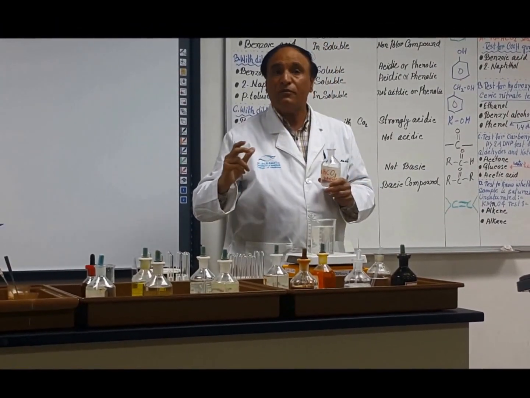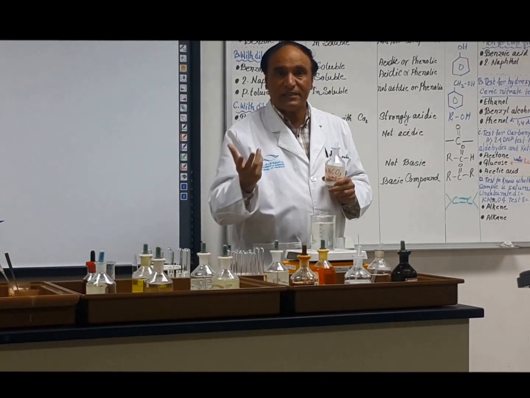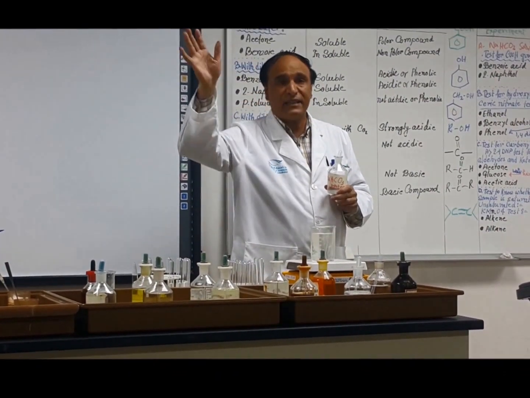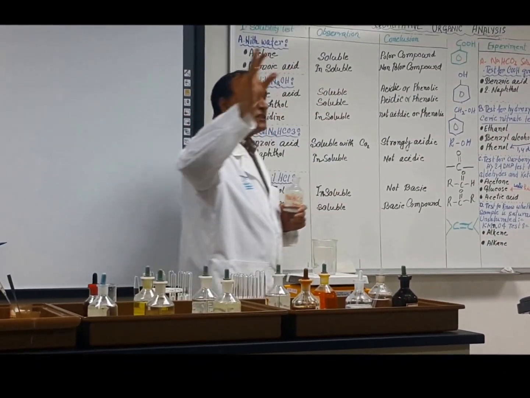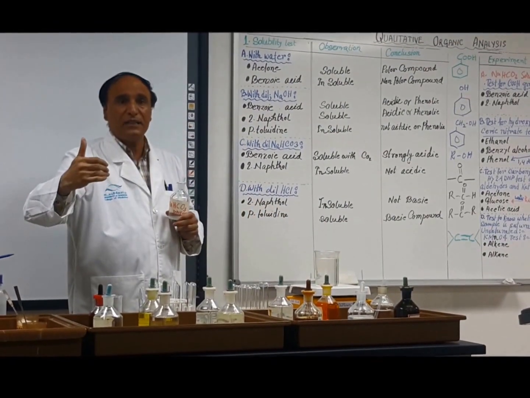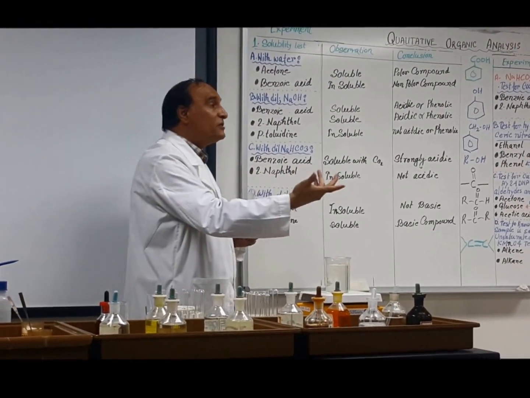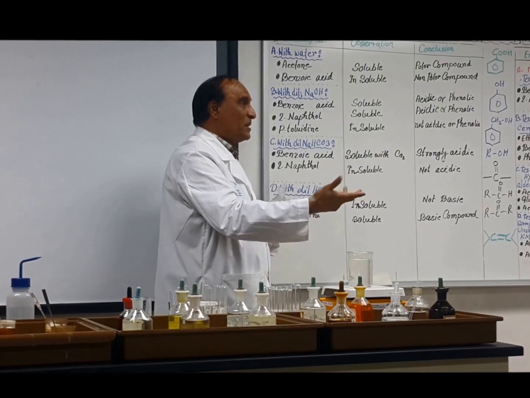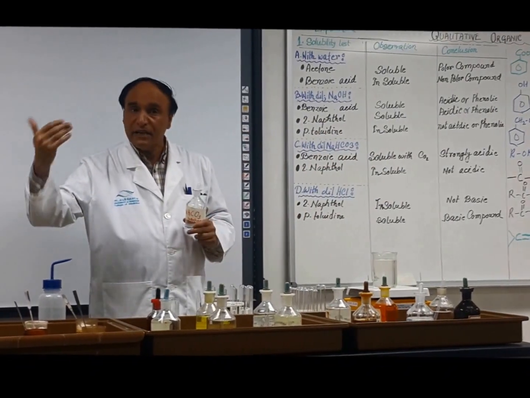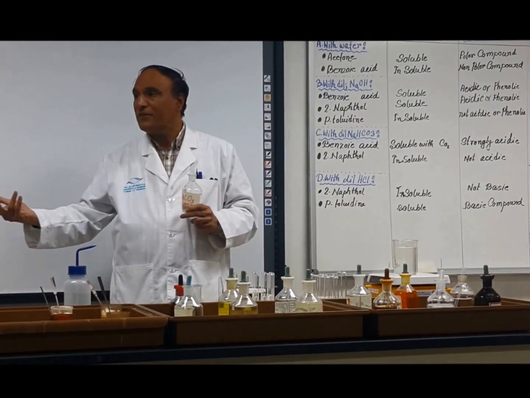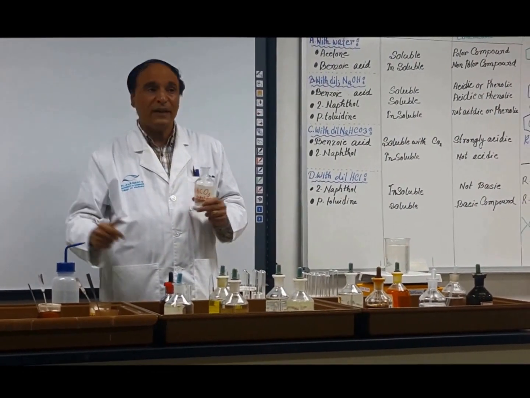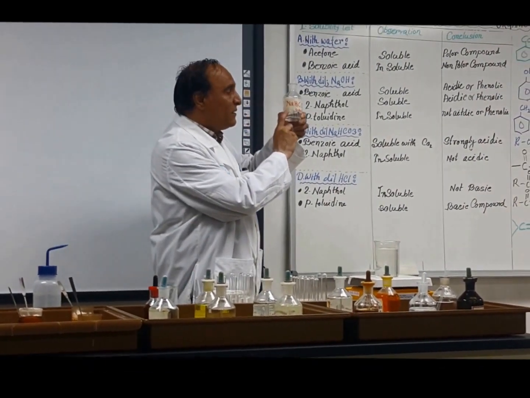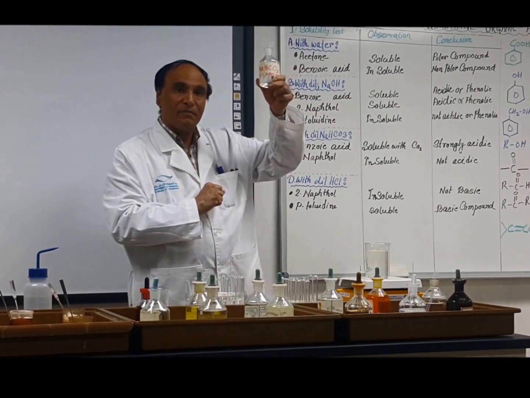If someone asks you how you can know something is an acid, don't give any other test. Don't say that it will do neutralization, because although an acid will do neutralization, there is no observation. There are so many reactions an acid can do, but there is no observation. So the best thing is to test with sodium hydrogen carbonate.